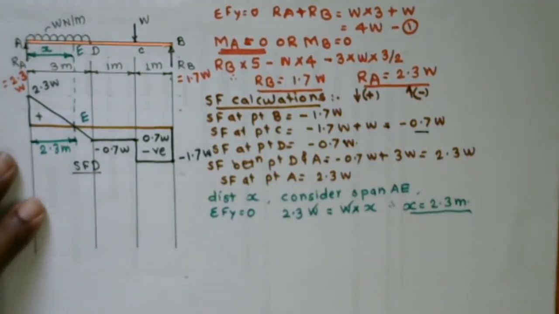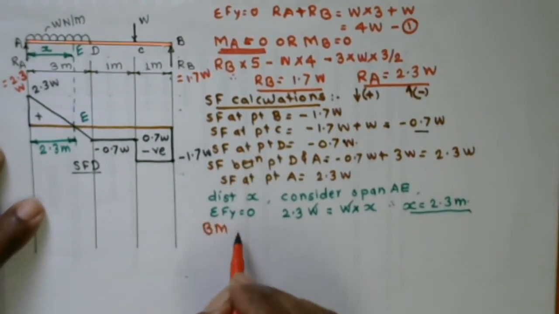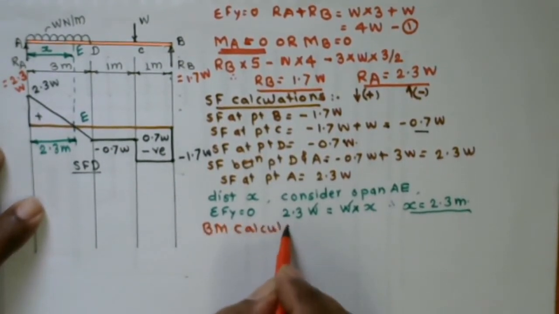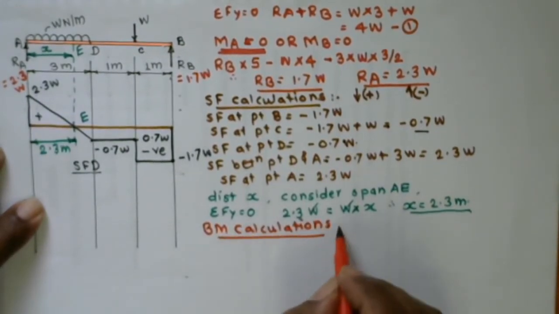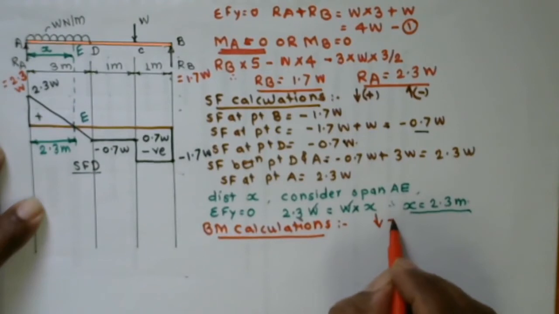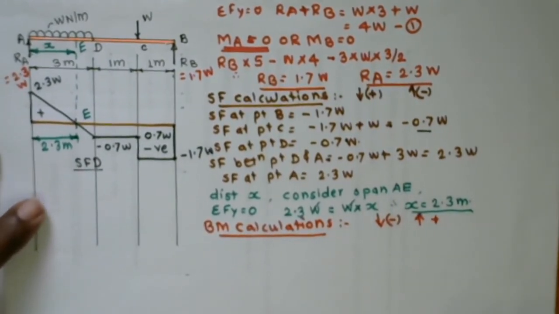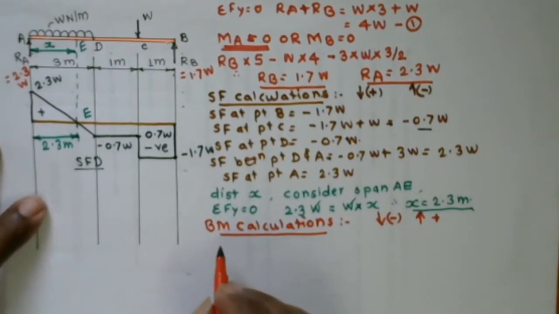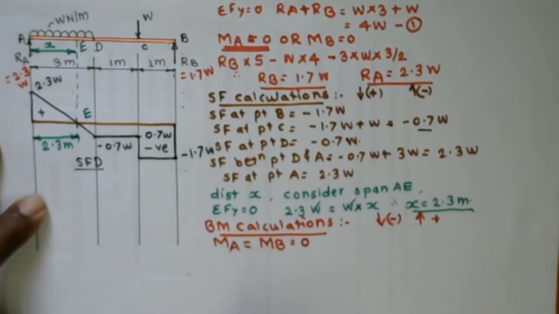Now next move is calculate its bending moment. Bending moment calculations. So in that case also again we have to decide its sign conventions. Downward force negative, upward force positive. The bending moment at end point is always 0. So in that case also bending moment at point A is equal to bending moment at point B is equal to 0.